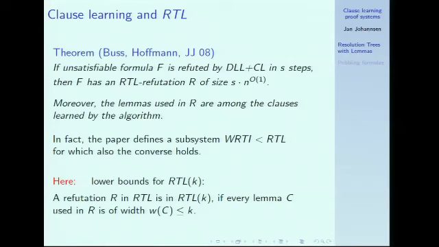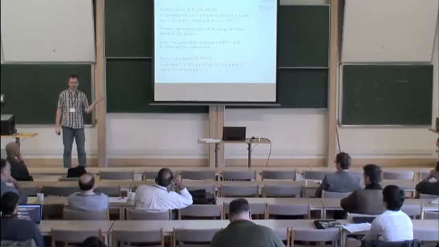So we look at a subsystem of the systems where we restrict the width of the lemmas used. RTL-K is the subsystem of RTL where every lemma used in a proof is of width at most k. And for this subsystem RTL-K, we proved lower bounds. The width of a clause is just the number of literals.